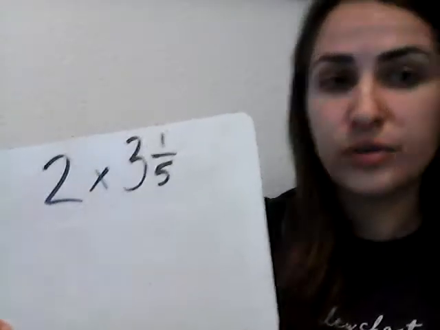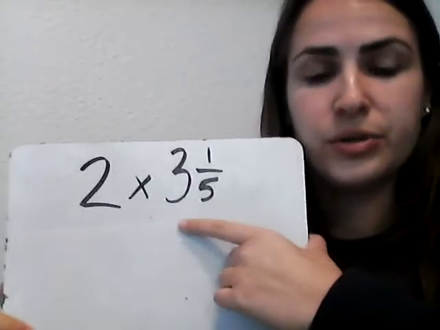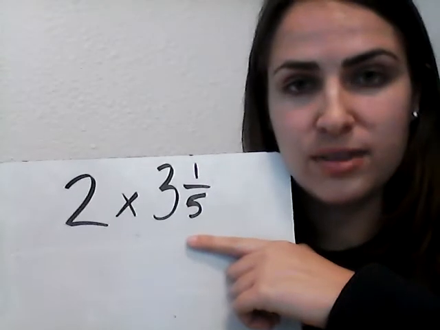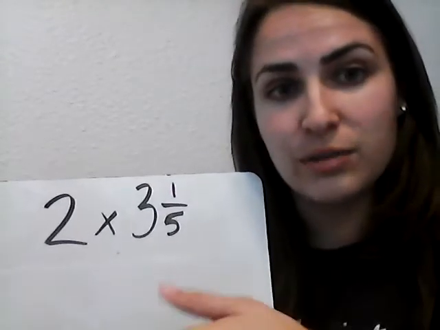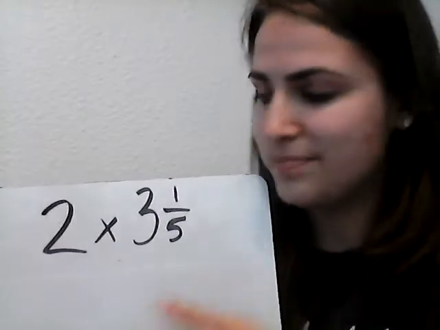But I am going to erase our tape diagram. And we're going to think about how we can easily multiply 2 times 3 1/5 using the distributive property. And as we go, we'll explain what the distributive property is.